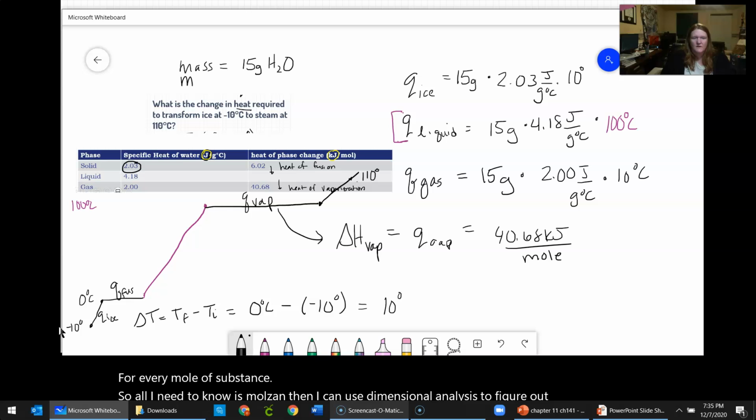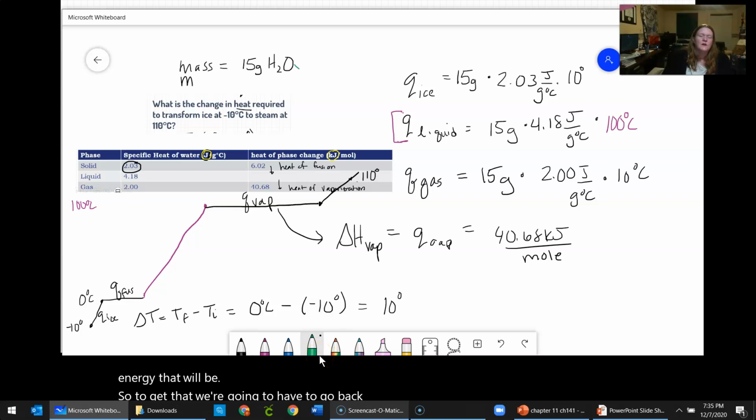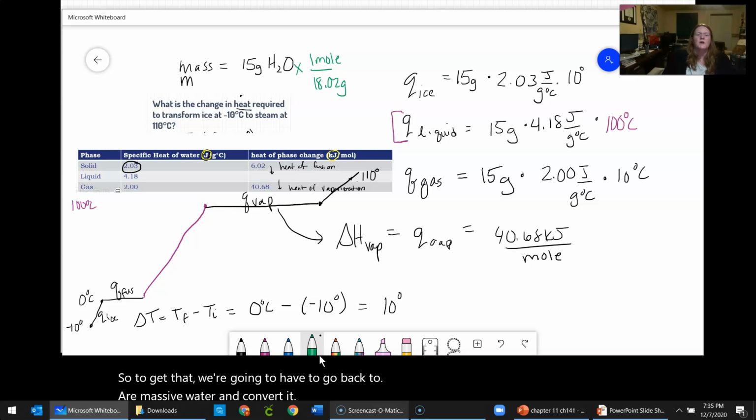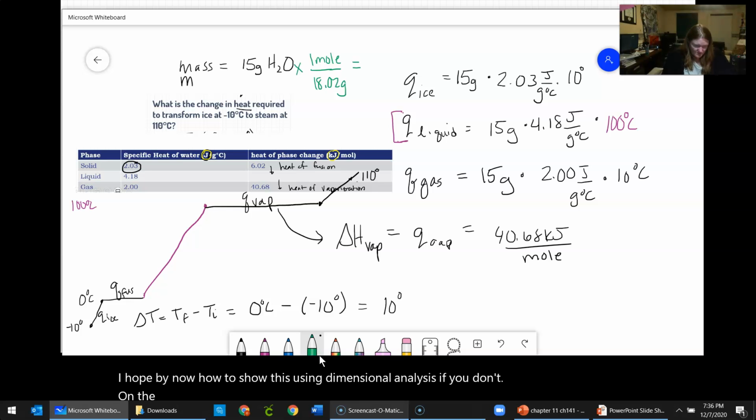So to get that, we're going to have to go back to our mass of water and convert it. I hope by now you know how to show this using dimensional analysis. If you don't, the final will be treacherous. All right?